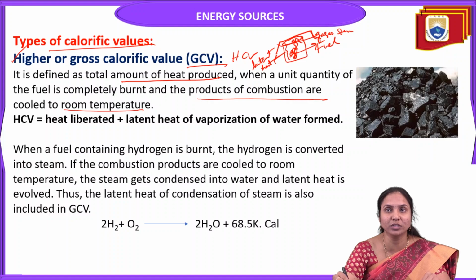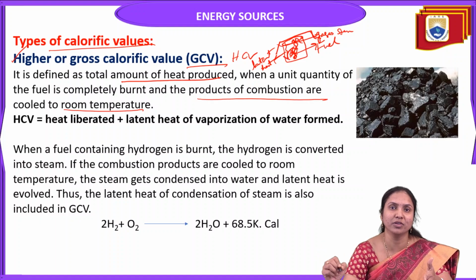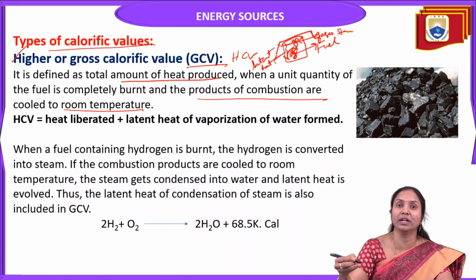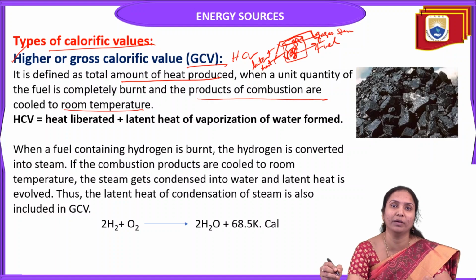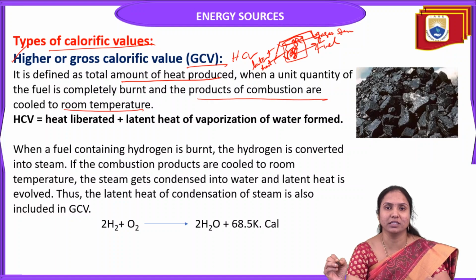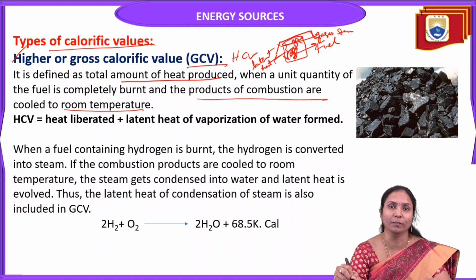When we cool the combustion products, these vapors condense back in the chamber. The heat liberated is called the latent heat of vaporized water, and we also consider that in the calculation of gross calorific value.